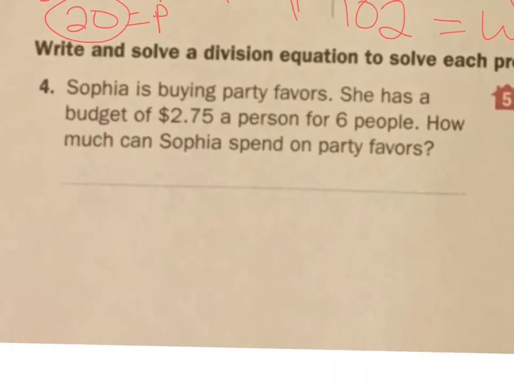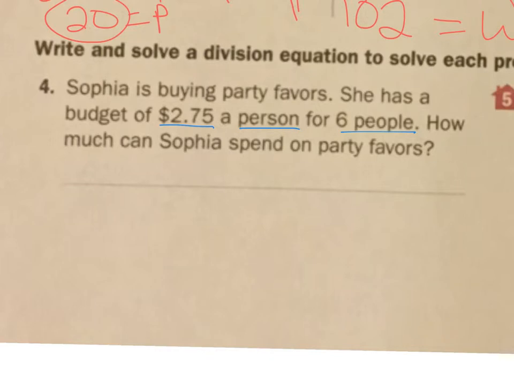So we have Sophia buying some party favors. She has a budget of $2.75 a person for 6 people. How much can Sophia spend on party favors? So we want to know the total amount she can spend.